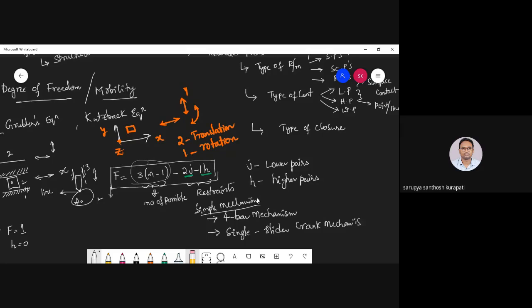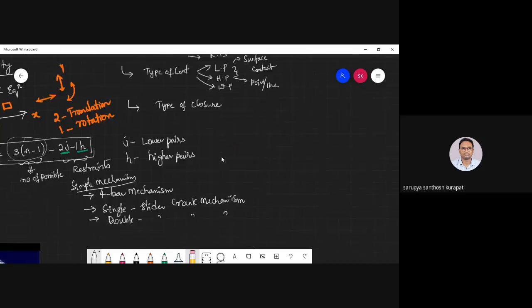And next we discussed the double slider crank mechanism. Then we discussed inversion of a mechanism.